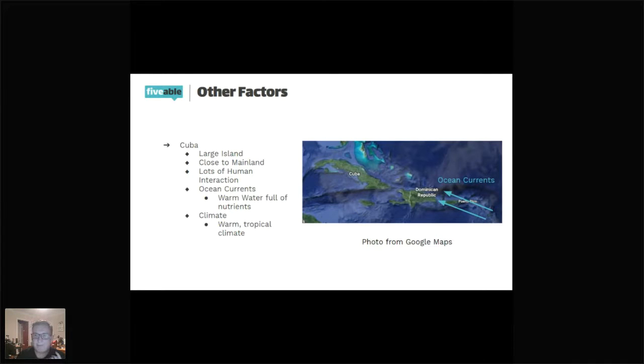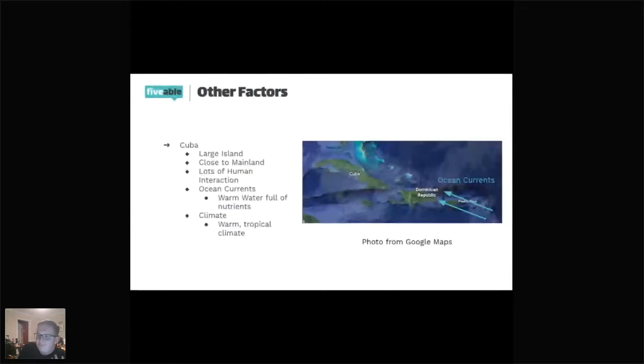All right, well, okay, so based on what we already know, with the three things that we've already discussed in biodiversity, we know that Cuba is a large island, which means it has lots of resources. Let's see, it's close to the mainland, so organisms are more likely to be introduced to the island. There's a lot of human interaction, as a viewer pointed out.